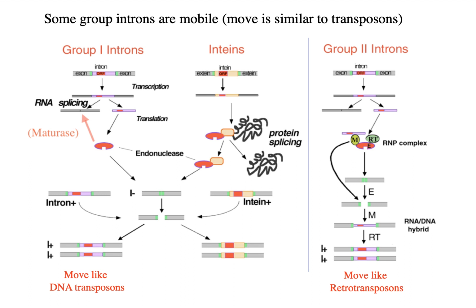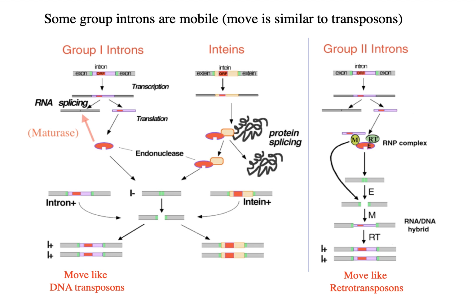Some of the group 1 and group 2 introns are mobile. So on the left-hand side for group 1 introns, the ones that are mobile usually encode an endonuclease, and the endonuclease recognizes a particular spot on the DNA, cuts that, and then you get an insertion of a copy of the intron.